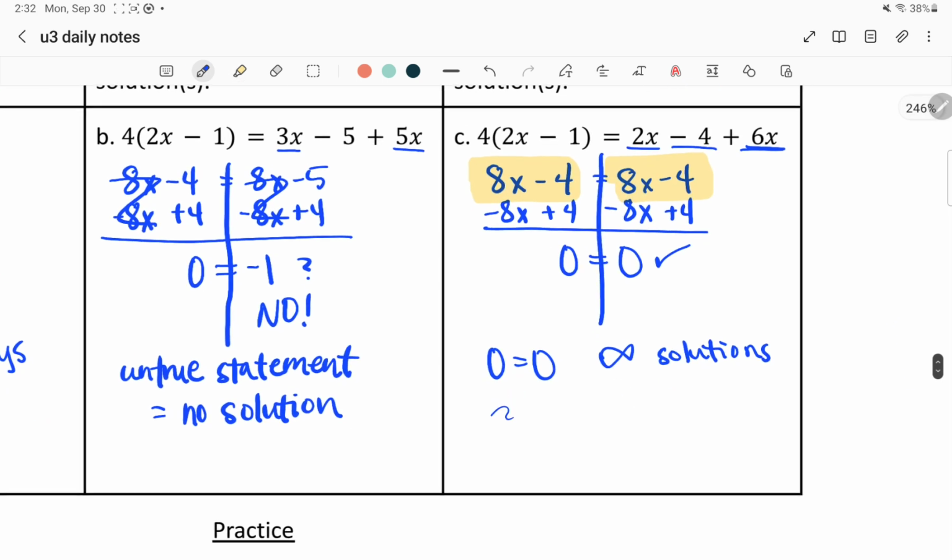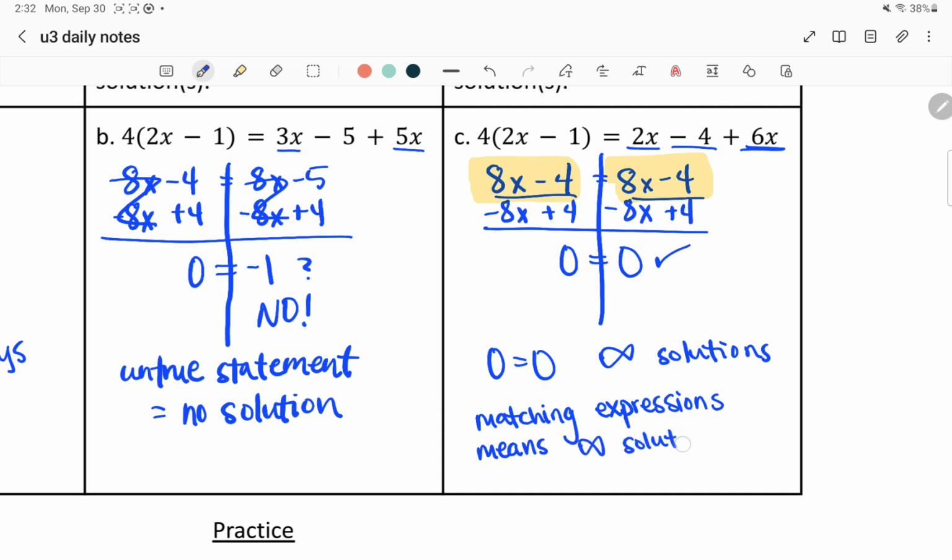When I have matching sides like this, that's a dead giveaway that also means infinite solutions. So we can drop it all the way down to 0 equals 0 and know that it's infinite, or we can catch it pretty early and we can say, hey, it's the same on both sides. That's infinite. Okay?